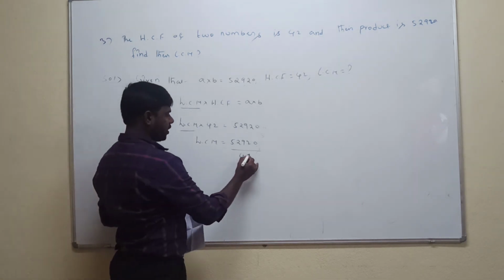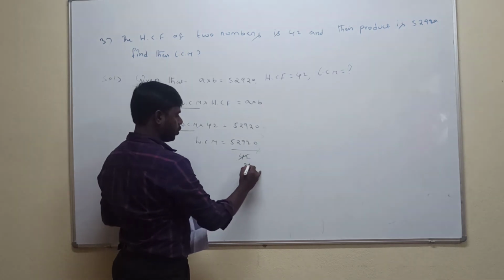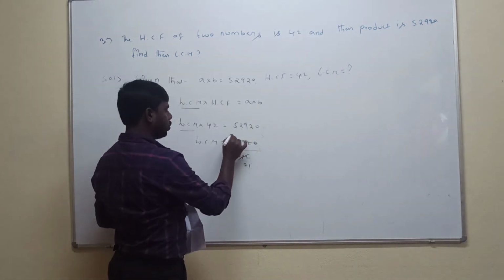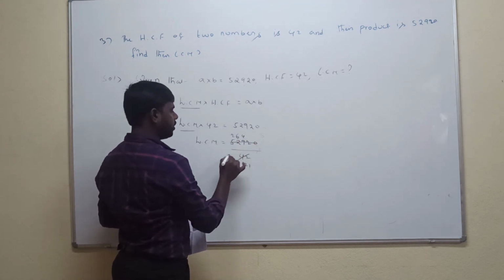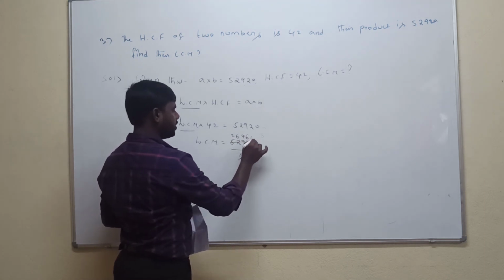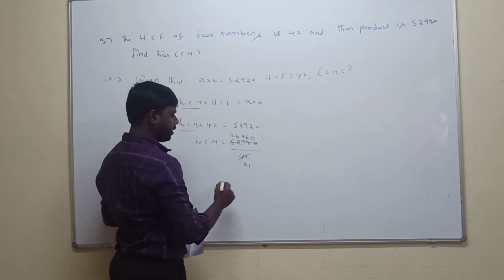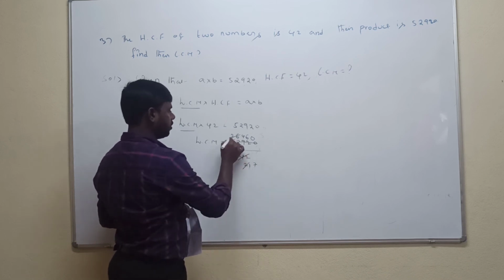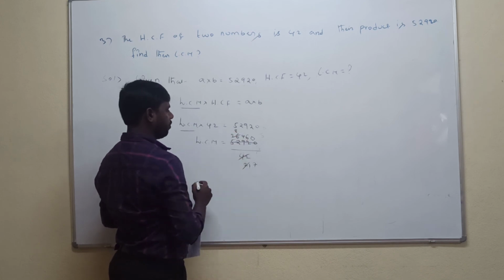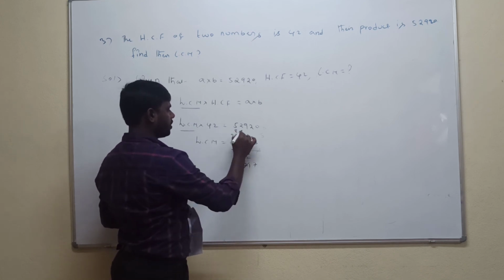Two is a possibility. 2 twos are 4, 2 ones are 2. 2 twos are 4, 2 sixes are 12, 2 fours are 8, 2 sixes are 12. Next, 3 is a possibility. 3 sevens are 21, 3 eights are 24.